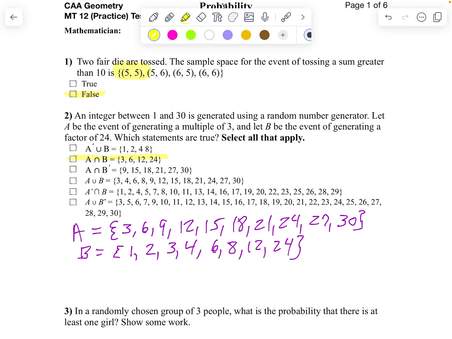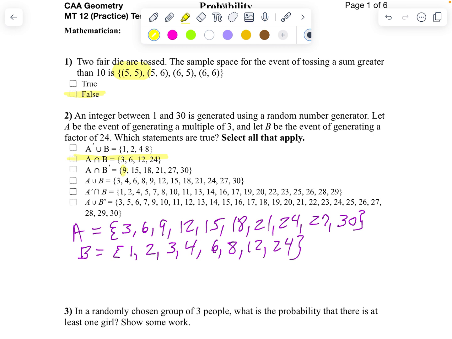Now, A intersect the complement of B. So then I'm going to look at the ones that are not in B. I'm going to kind of cheat ahead and look at my choices here. 3 is in B, 6 is in B, but 9 isn't in B. So that one would be 9, wouldn't it?